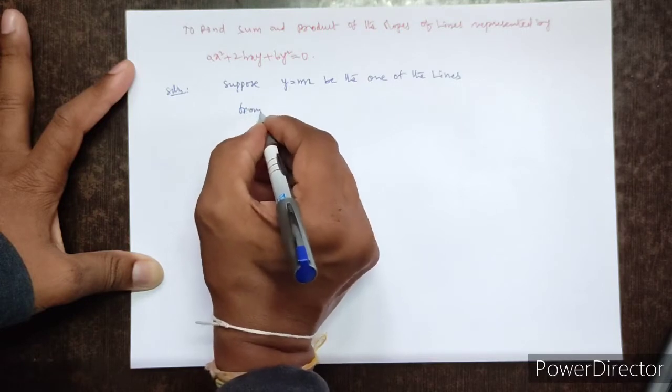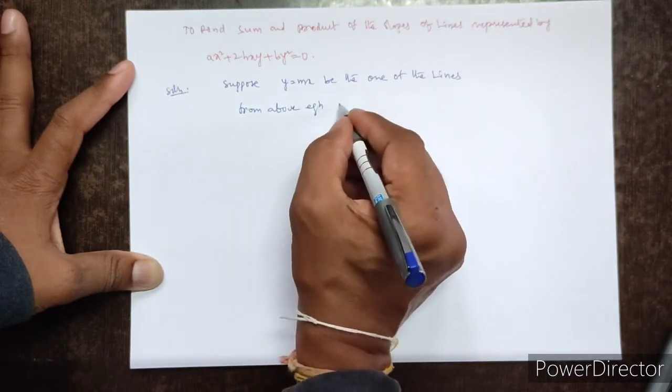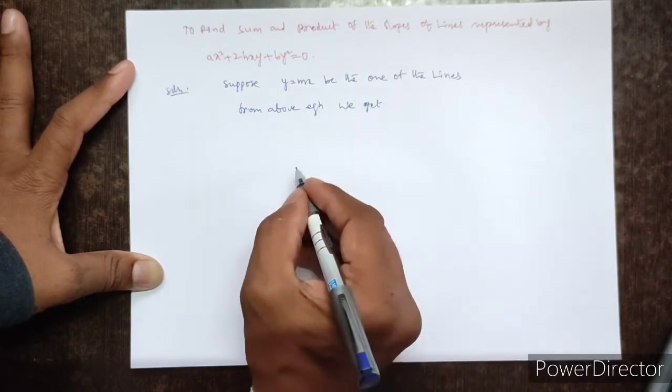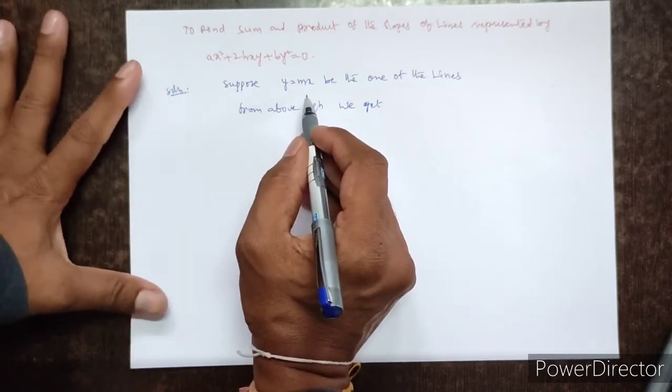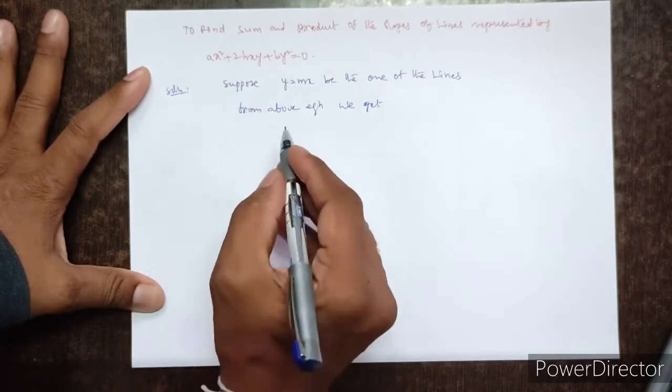From above equation we get, what? Just you can put, this is y equal to mx, where it is there y, just you can put mx in this equation.